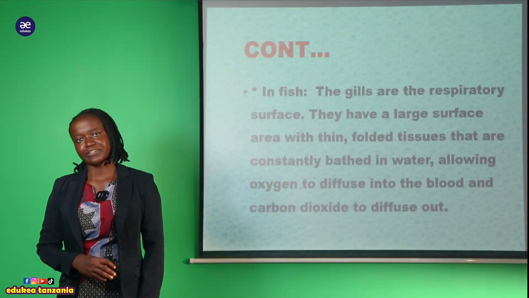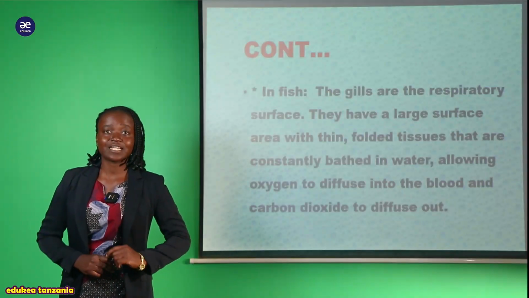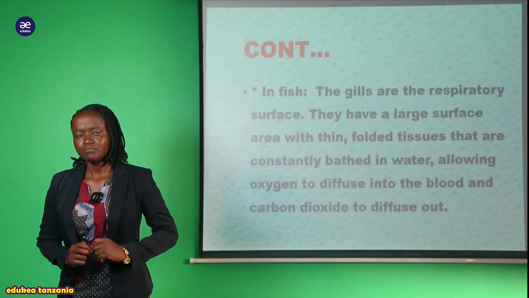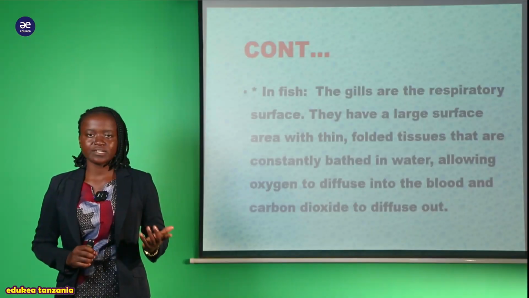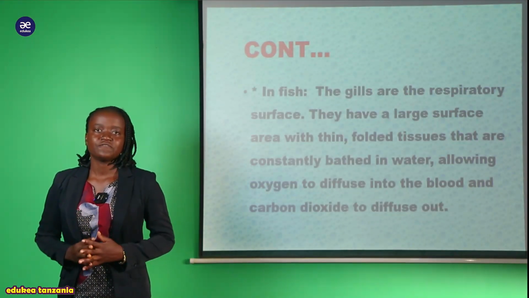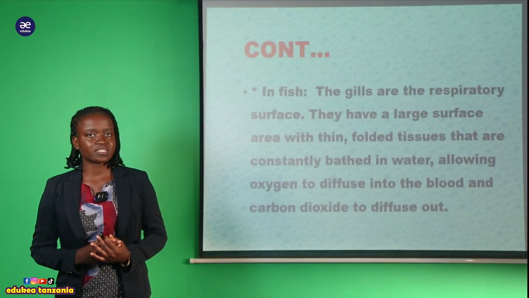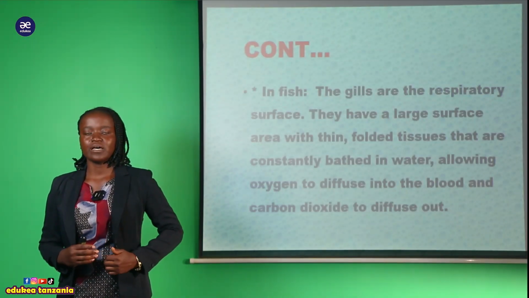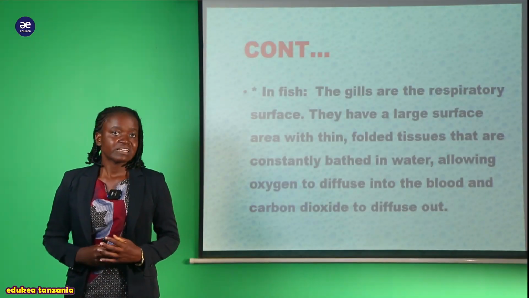So due to that structure, also tumesema kwamba any respiratory surface inatakiwa iwe thin, iwe nyembamba. Pia apart from that, we have said that any respiratory surface should have that moisture environment ili kuweza kuruhusu diffusion of the gases. Tunasema kwamba diffusion of the gases iweze kutokea kwa urahisi zaidi.